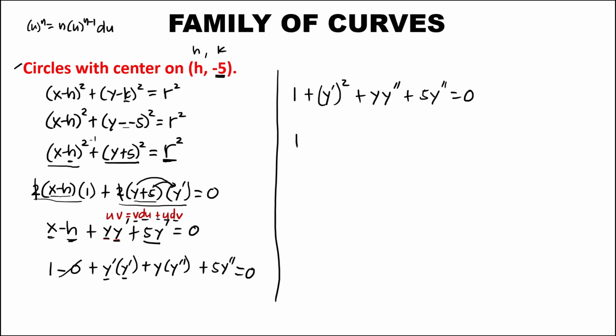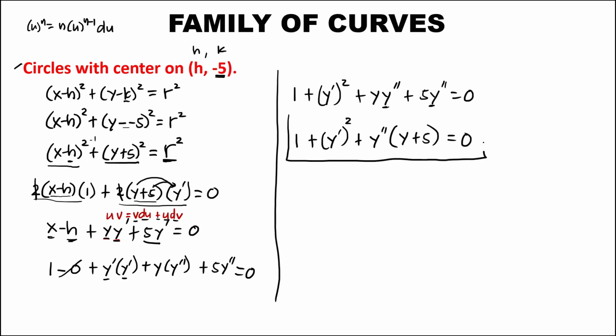We can factor out y double prime, so we have 1 plus y prime squared plus y double prime times the quantity y plus 5 equals 0. So this is now the differential equation.